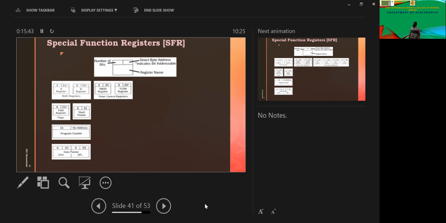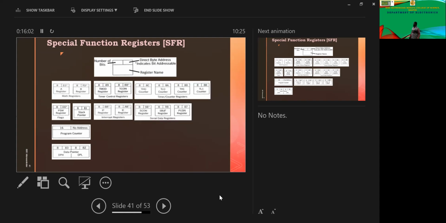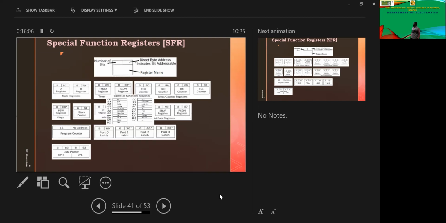Okay, and then timer and control registers. Then timer counter registers, they are different. So we are using counter registers also. In a microprocessor we used to write a counter program for that, right? Here itself we have counters that can be used. Interrupt registers are there. Then serial data registers are there.